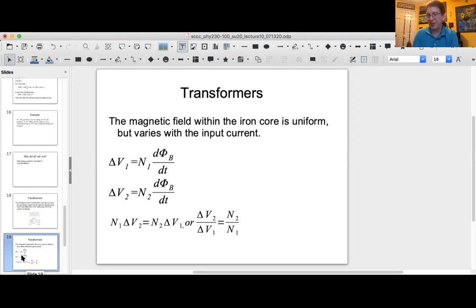So the ratio of the number of loops in the output coil to the number of loops in the input coil. So you have this simple proportionality relationship. If you want to increase the voltage, you're going to have more loops in the output coil. If you want to decrease the voltage, you're going to have fewer loops in the output coil of wire.